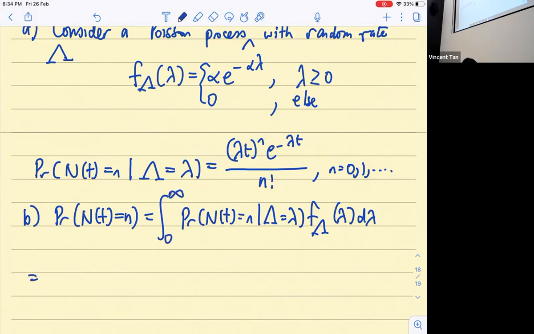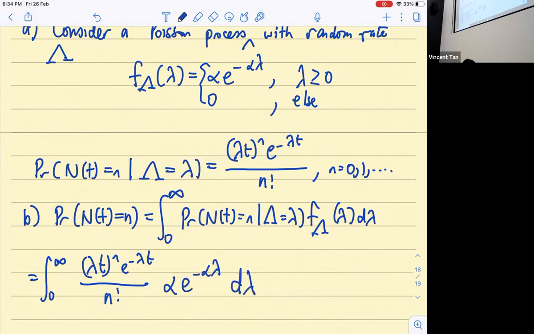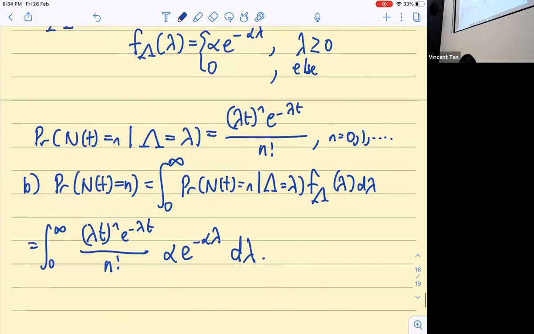So we do this carefully. We have the Poisson term here, lambda t to the n e to the minus lambda t over n factorial, and this guy here is given by alpha e to the minus alpha lambda d lambda. When you encounter this sort of thing, you either cry or you think. I prefer to think.